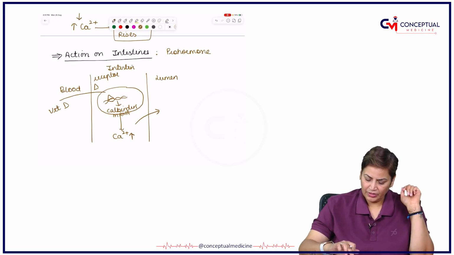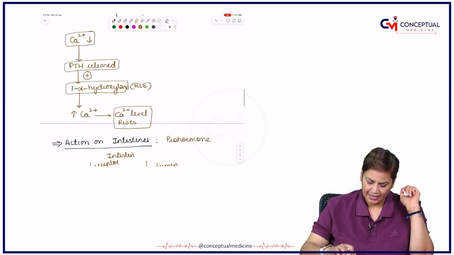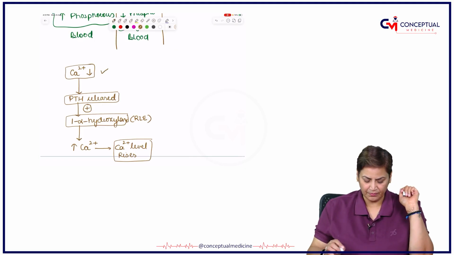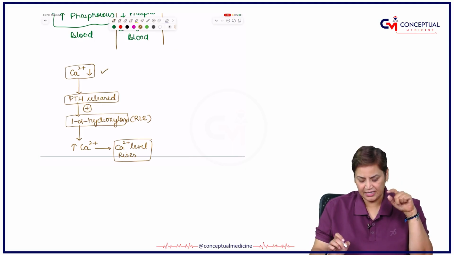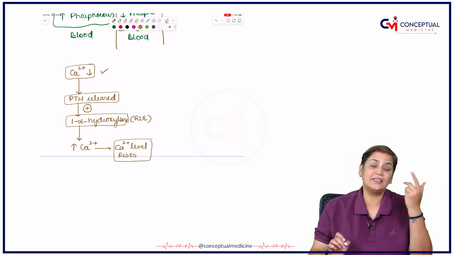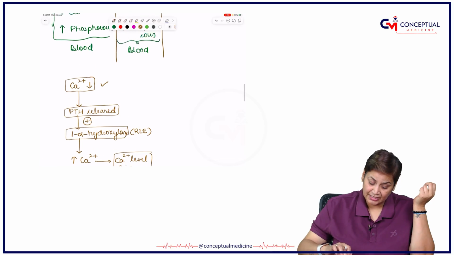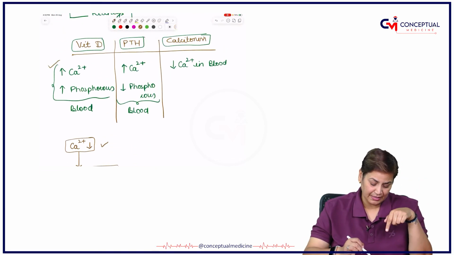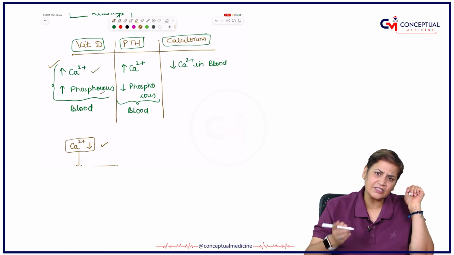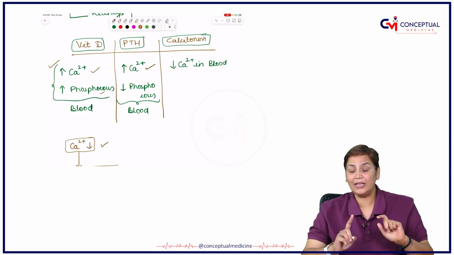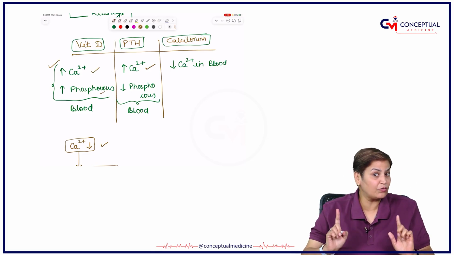Right. Now here, as I told you, whenever there is a decreased concentration of calcium, PTH is released, thereby maintaining the level of calcium. For phosphorus there is a reverse thing, but if you see this table, the moment vitamin D is released, it is increasing the concentration of both. Whereas PTH only increases the concentration of calcium, not phosphorus.